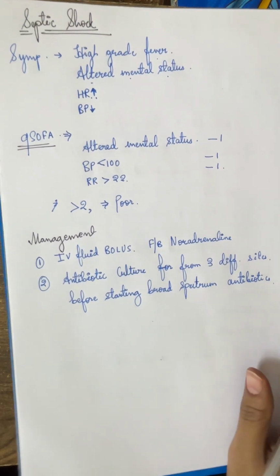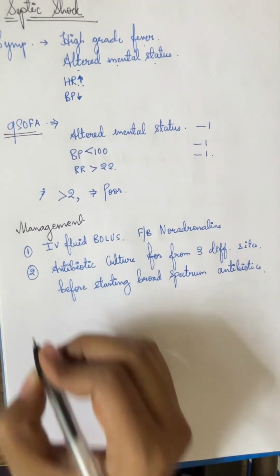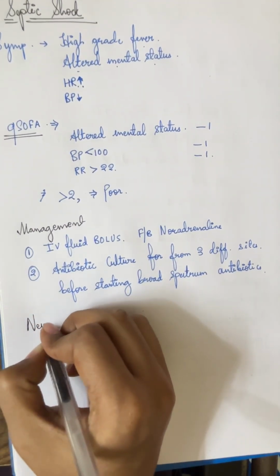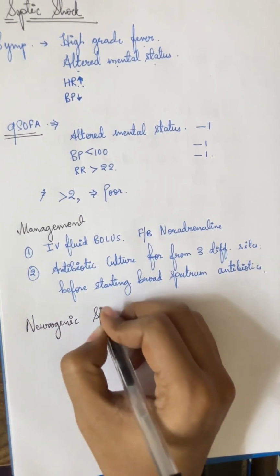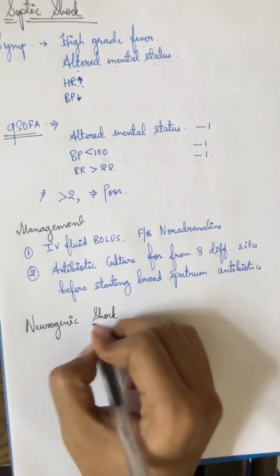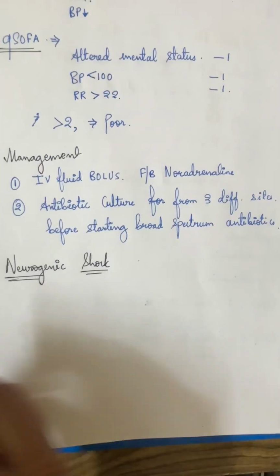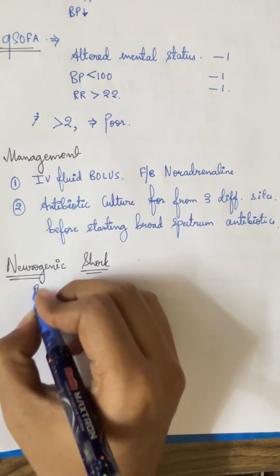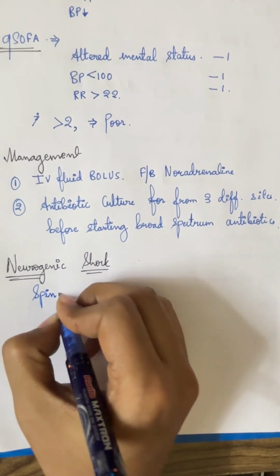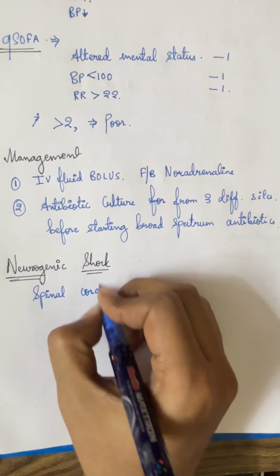Then next shock, we are going to see about neurogenic shock. So what happens in neurogenic shock? First we have to see the spinal cord. So what happens in the spinal cord?